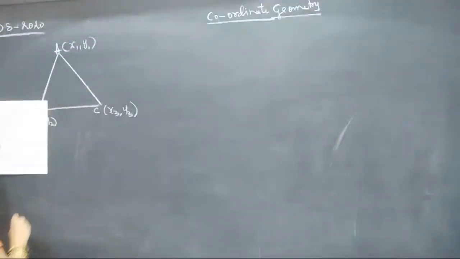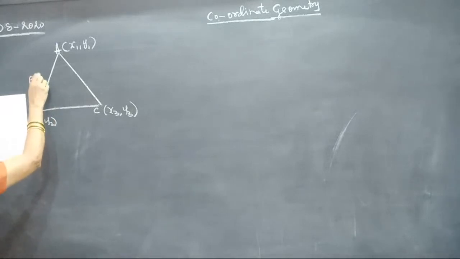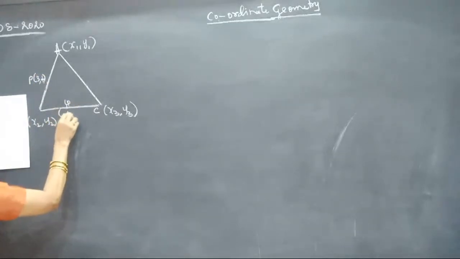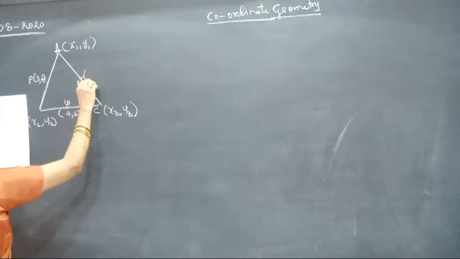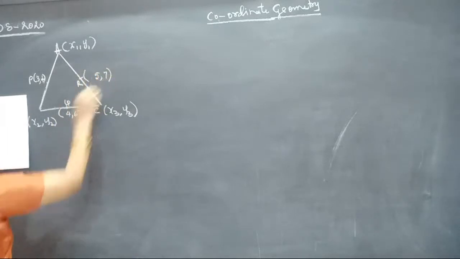Coordinates of midpoints of the sides: take point P (3, 4), point Q (4, 6), point R (5, 7).